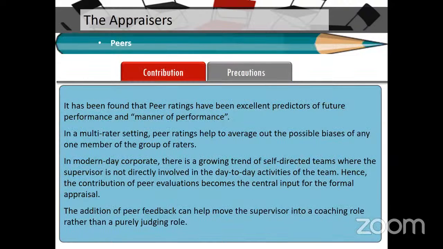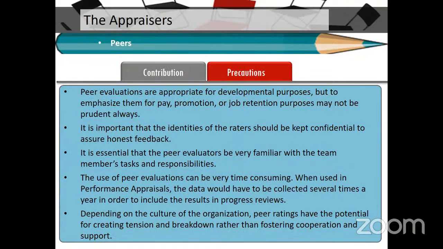In terms of the peers, we said it's very important because we're able to evaluate our peers and we're able to eliminate the biases that may come up. However, we also need to be very cautious in terms of how it's done, because we need to keep everything confidential.